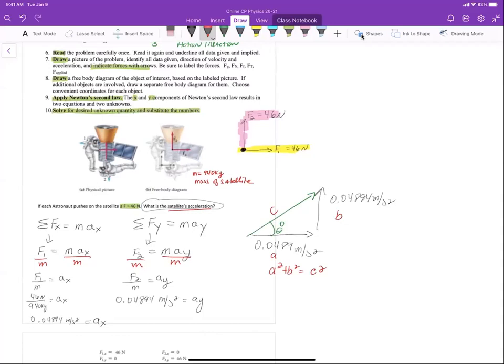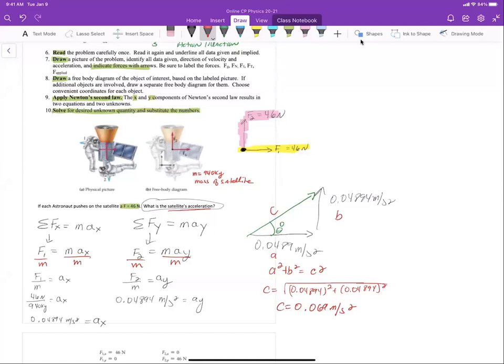So if I plug that in, c is equal to the square root of 0.04894 squared plus 0.04894 squared, and I get 0.069 meters per second squared. So that is the acceleration of the satellite.